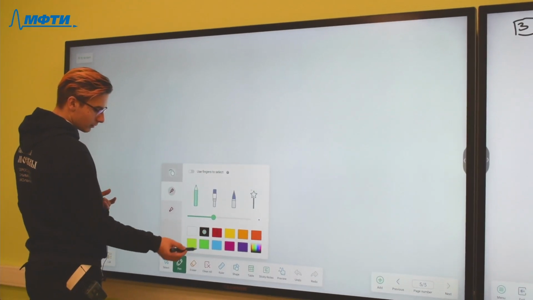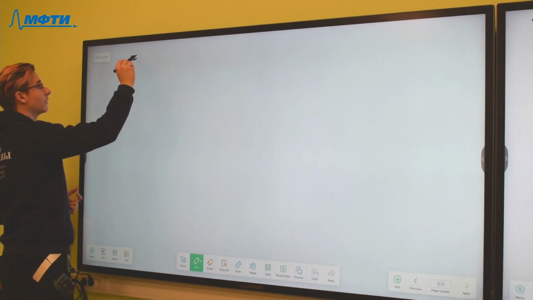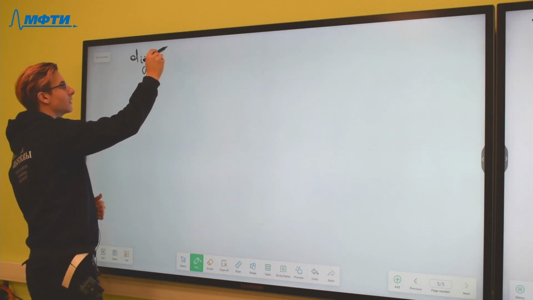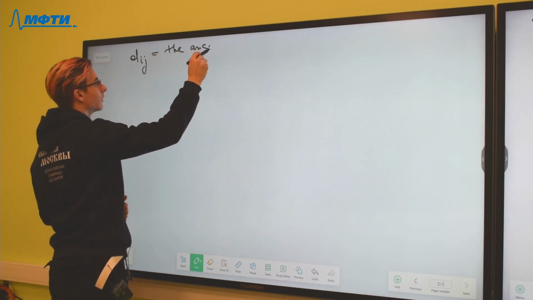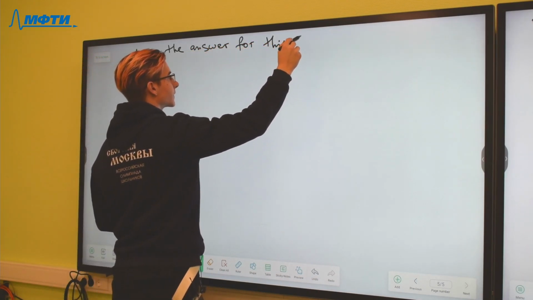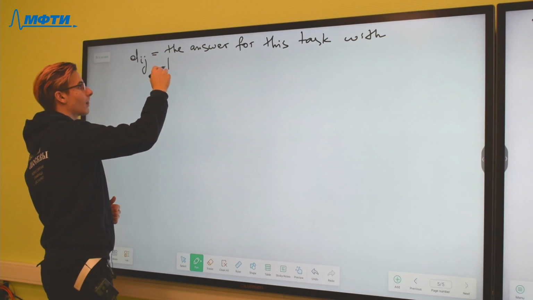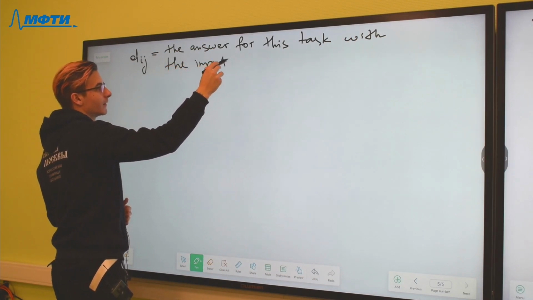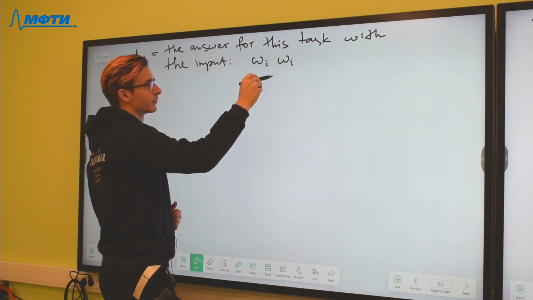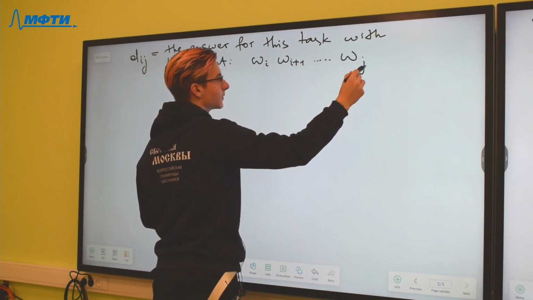For example, we can say that D(e, g) is the answer of this task with the input W with index e through W with index g.